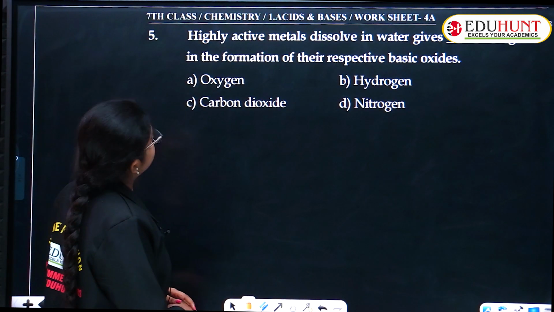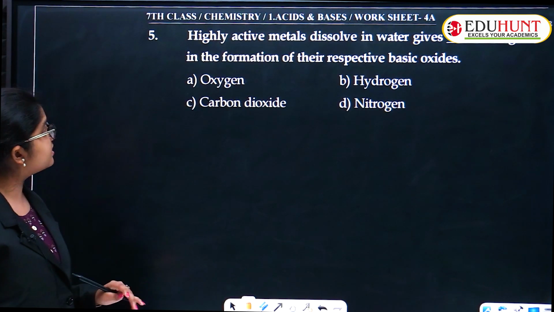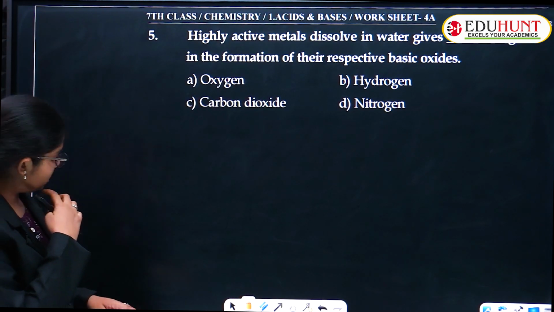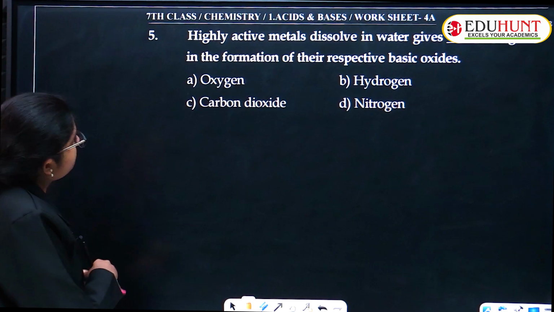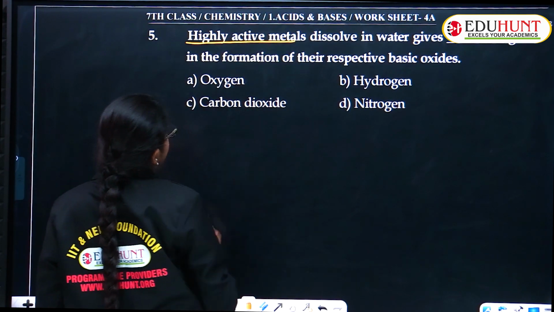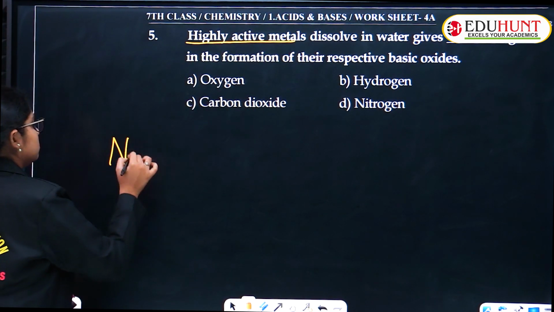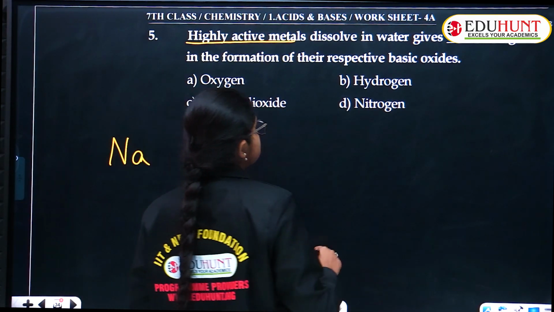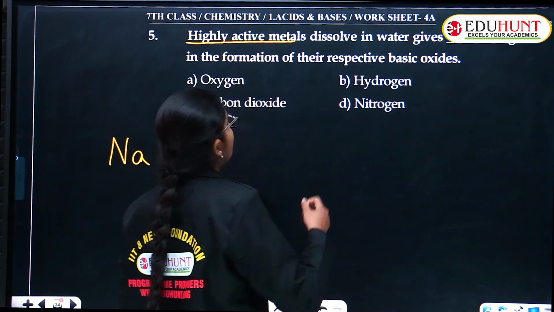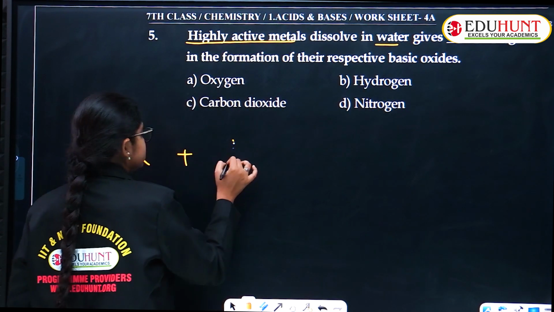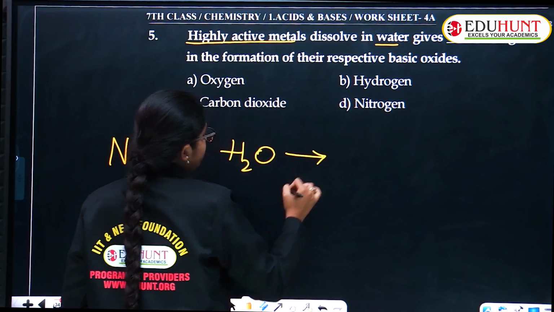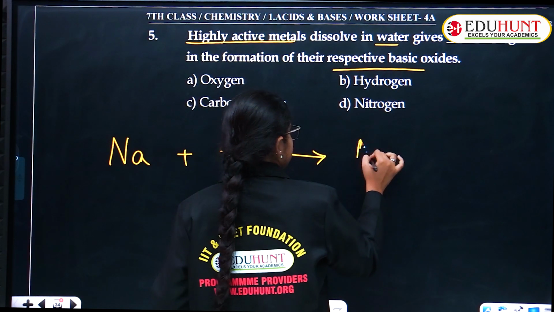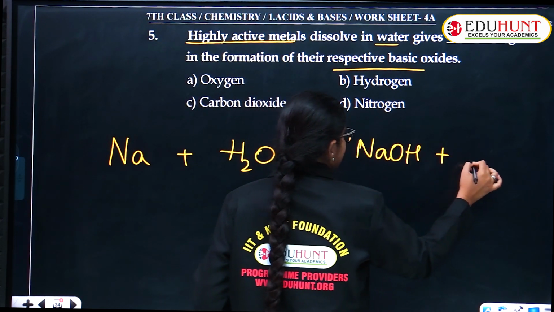Highly active metals dissolved in water give dash gas in the formation of the respective basic hydroxides. Children, for this we also have an equation. If we take highly active metals such as sodium and add water, if I dissolve it in water, I get the respective base, NaOH, plus which gas they are asking us.